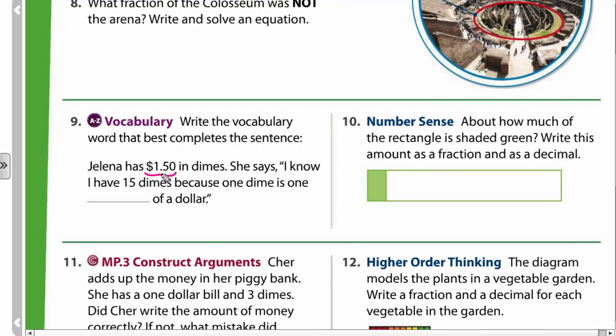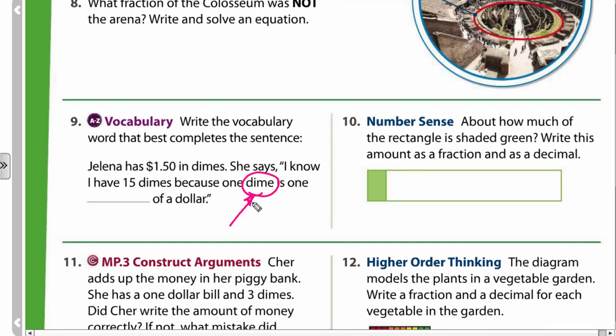She said, I know I have 15 dimes, because a dime is one... Okay, do you know what we mean by the dime here?